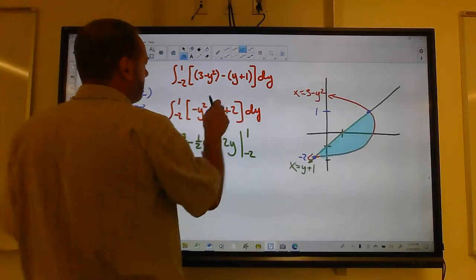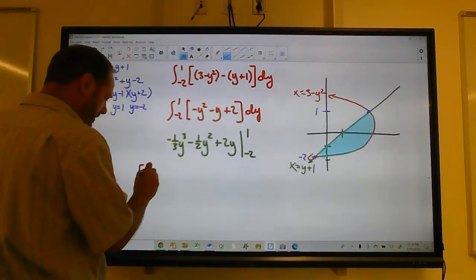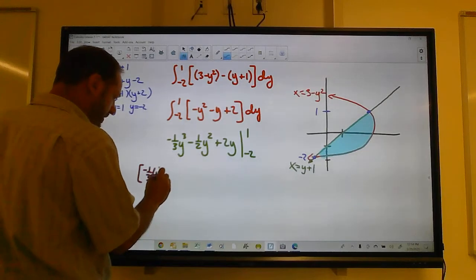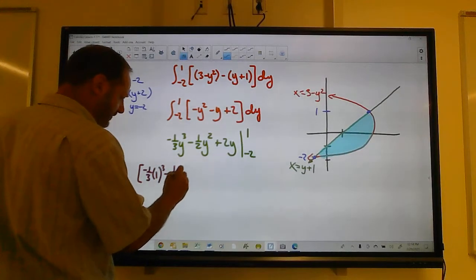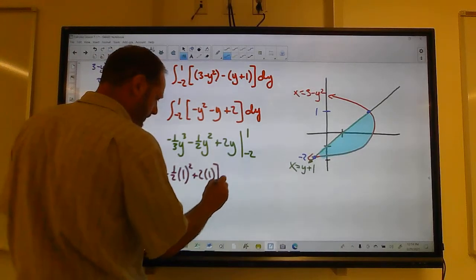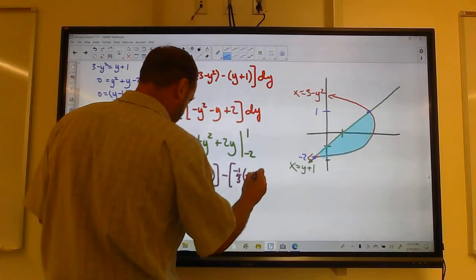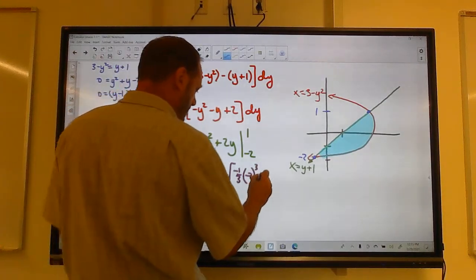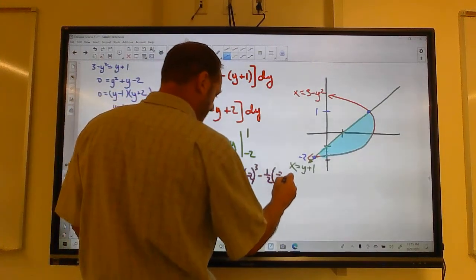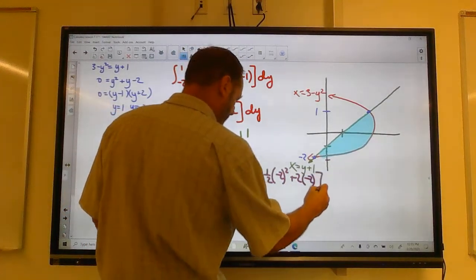So we're going to go ahead and plug in 1. So this is going to be -1/3 times 1 cubed minus 1/2 times 1 squared plus 2 times 1, minus -1/3 times -2 cubed minus 1/2 times -2 squared plus 2 times -2.